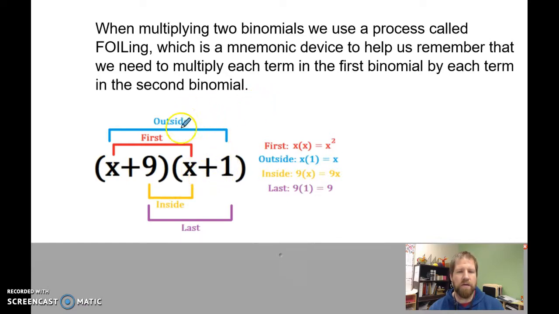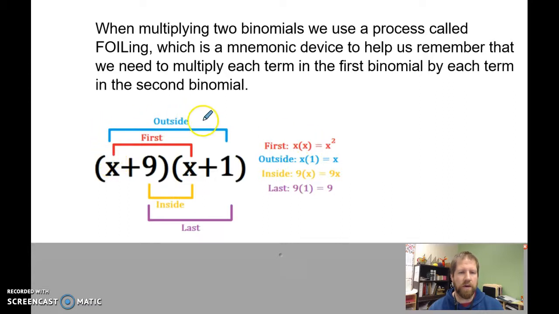Okay, and the foiling comes from what we call each of those multiplication problems. The first one is first, meaning the first term of each binomial when we multiply those by each other, x times x in this case.